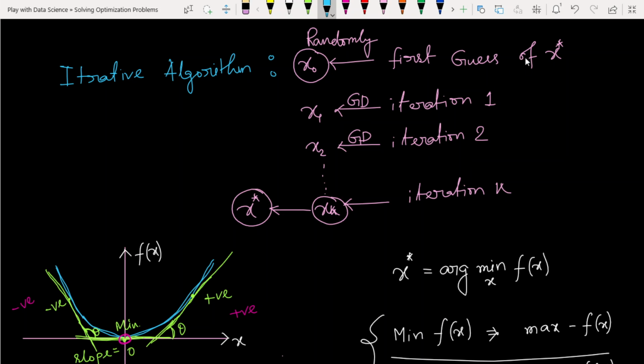First we have to choose a random point, and using this random point we run the iterations. In the first iteration we calculate one point that is closer to our optimal point than the initial point. So we keep increasing the iterations.